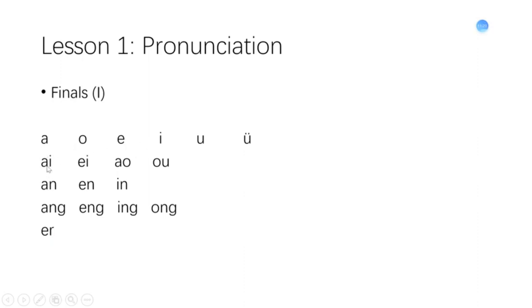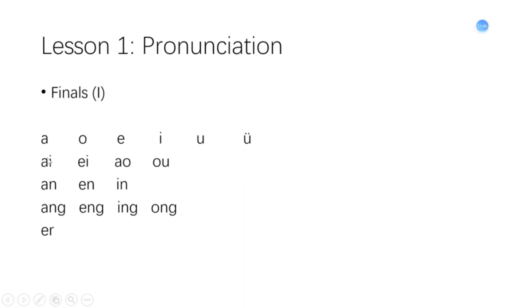When we read a and i, we do not read like English double vowels. It's not a sliding to i. There's no slide. It's a combination. So please remember, always read it as a whole, as a single vowel.